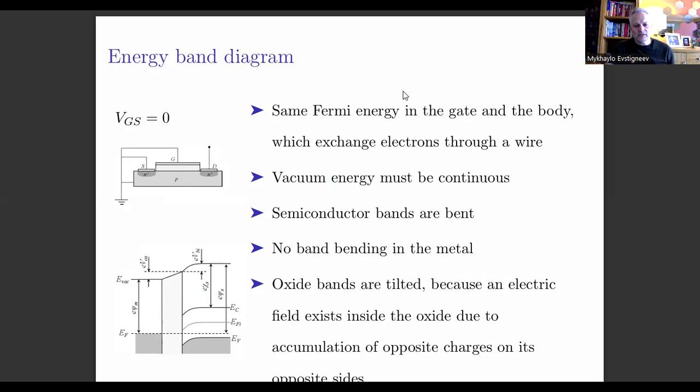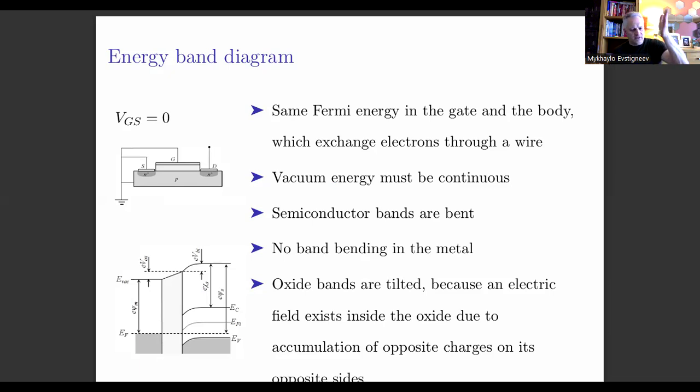Energy band diagrams are a powerful tool to analyze semiconductor devices. In the energy band diagrams, you indicate the important energy levels, such as the Fermi energy, the conduction and the valence band edges, and the vacuum energy, as a function of the spatial coordinate x.